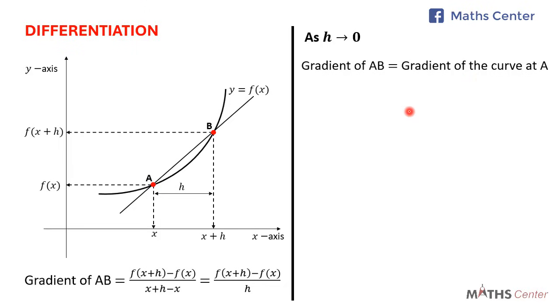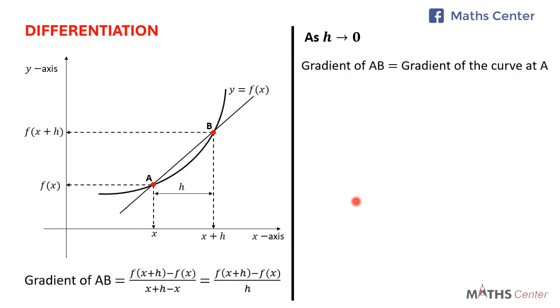In the lesson on limits, we learned how to describe a function as it approaches a certain value. Here, we have learned that as h approaches 0, the gradient of the line AB is equal to the gradient of the curve at A. We already have the gradient of the line AB, so we can find it as h approaches 0.